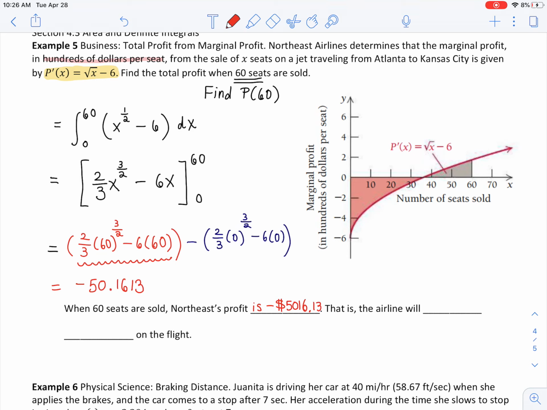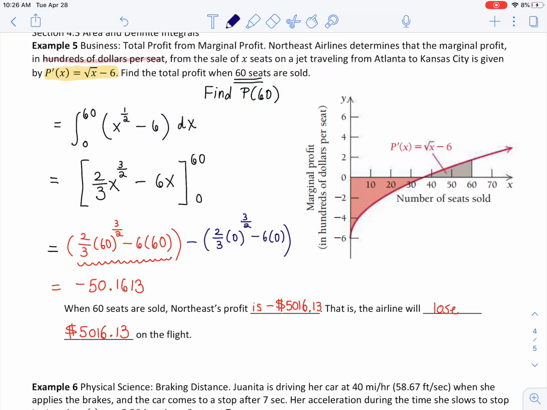How can a profit be negative? Well, that means they're just losing their money. That is, the airline will lose $5,016.13 on the flight when 60 seats are sold.